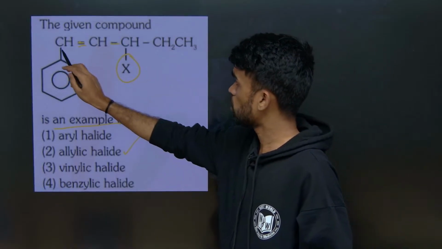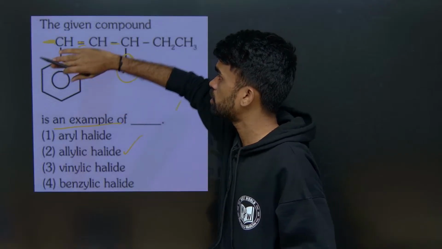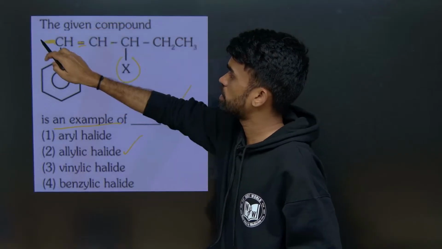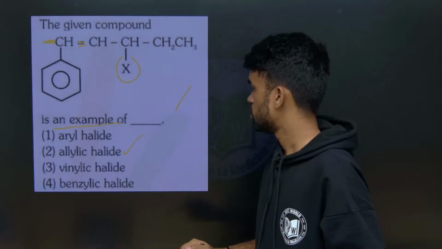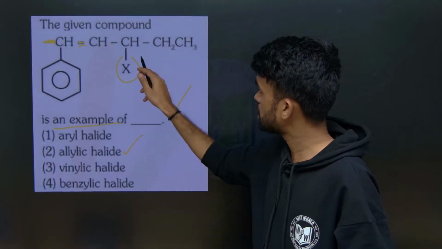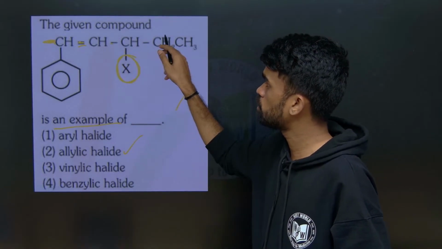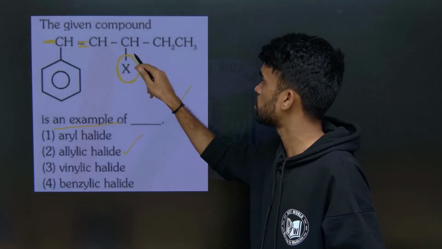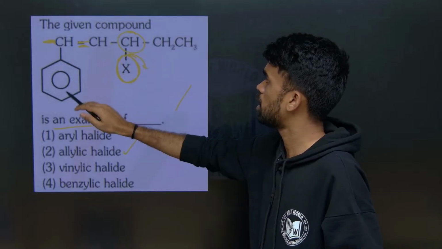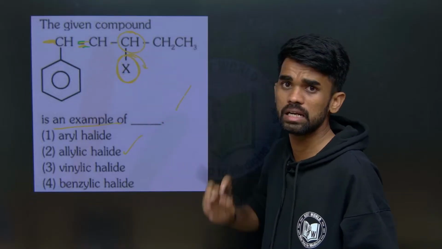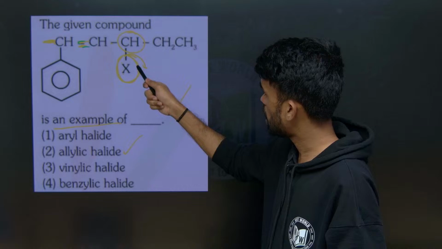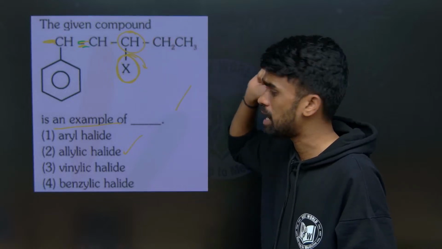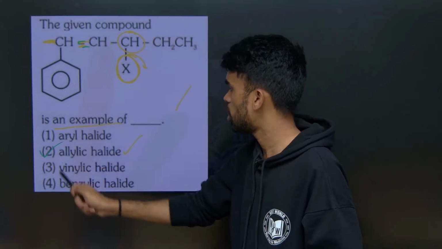If the halogen is attached on this carbon, not to this, we can say that is a benzylic halide. But it is attached to the alkyl group which has the conjugated position. This position next to the double bond is called the allylic position. So halogen present at an allylic position is an allylic halide. So option 2.